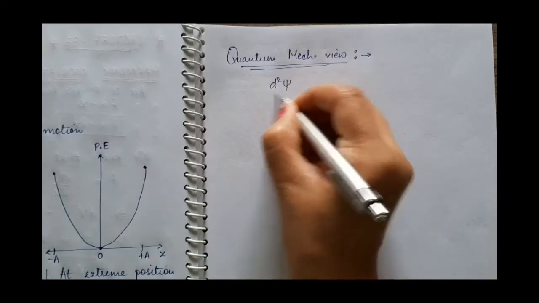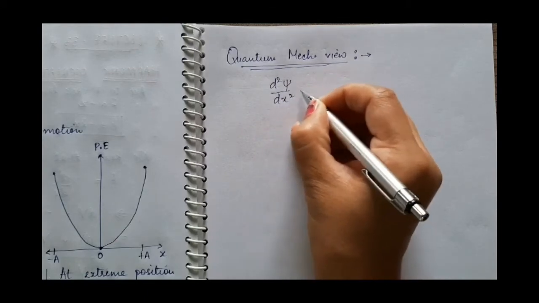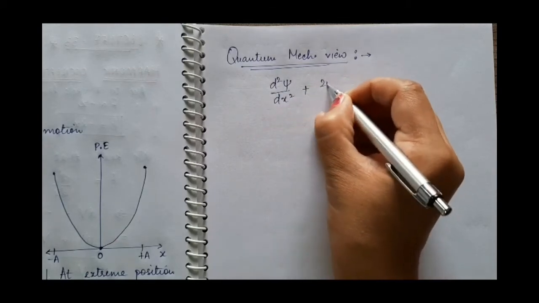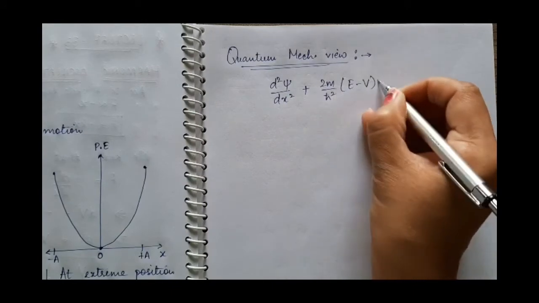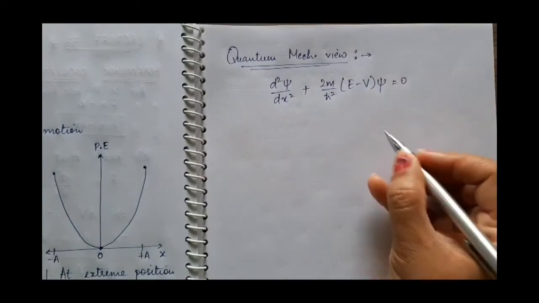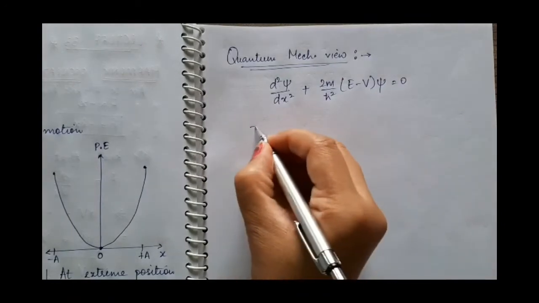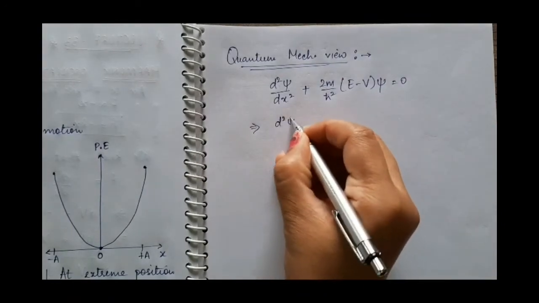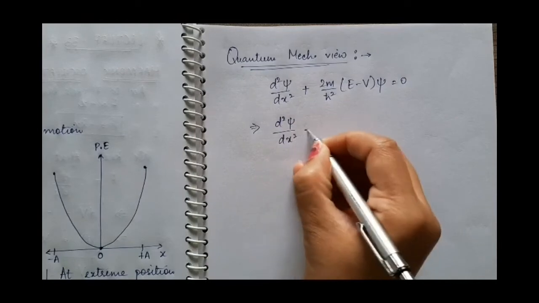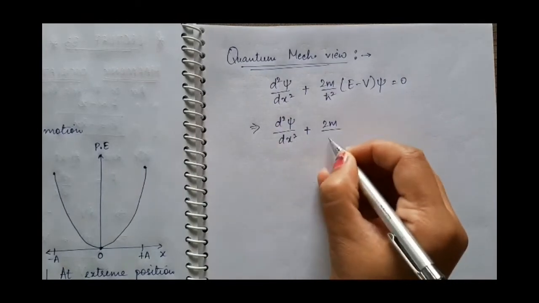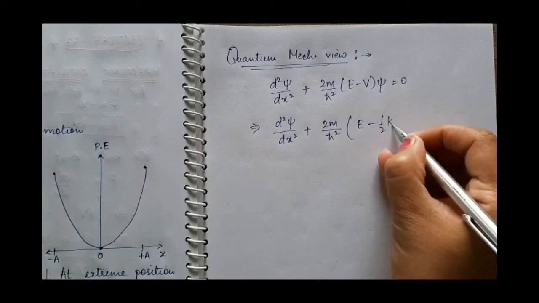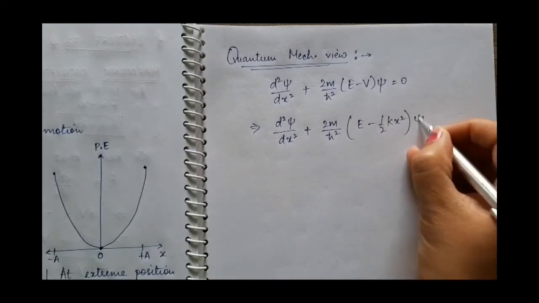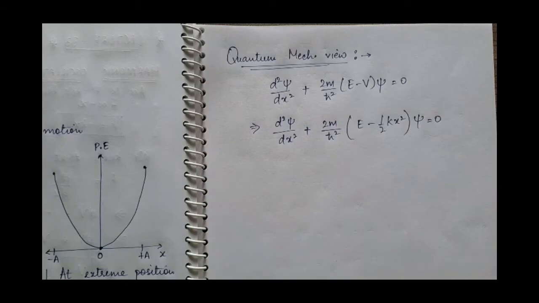So the one dimensional Schrödinger wave equation is d square psi by dx square plus 2m by h cut square (E minus V) psi is equal to 0. Put V is equal to half kx square. So d square psi by dx square plus 2m by h cut square (E minus half kx square) psi is equal to 0.